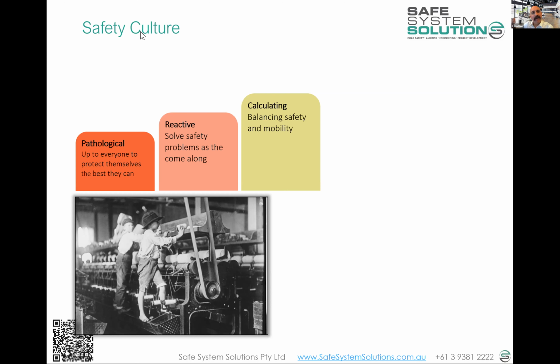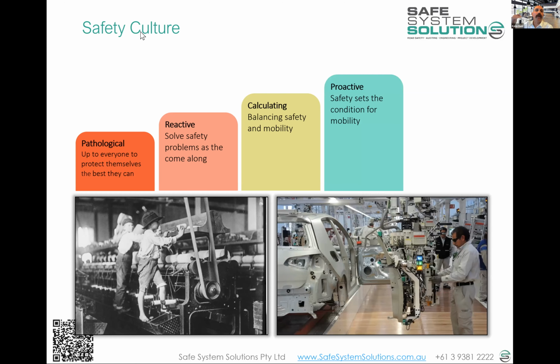And then you elevate up from that to this proactive safety culture. What that does is it says, we demand a very high level of safety, and we will produce widgets within that envelope. So that sets the precondition for widget production, not the balancing or the like.